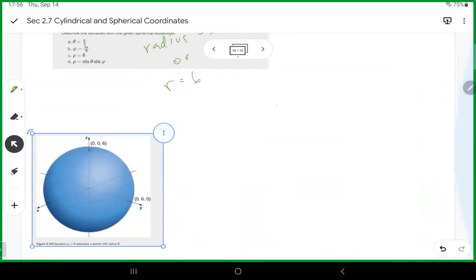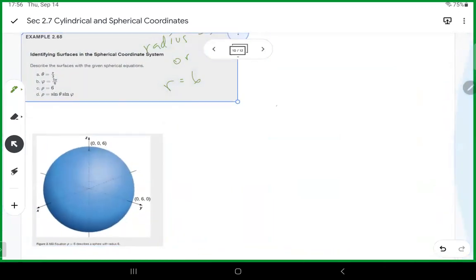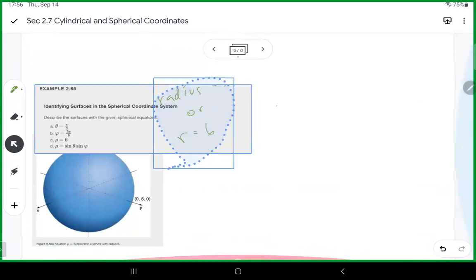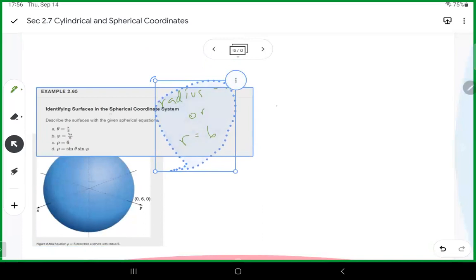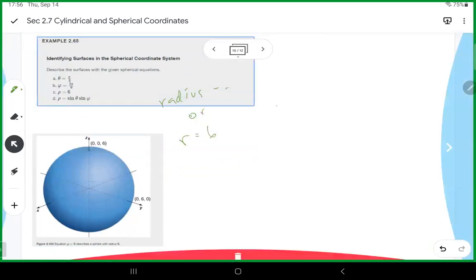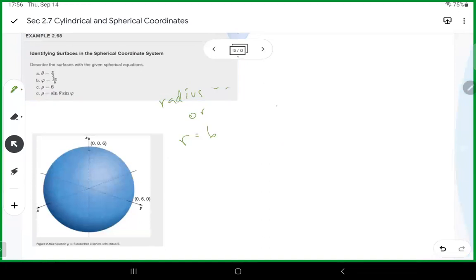One second. I'll just rewrite it. It went away. All good. This is a sphere.